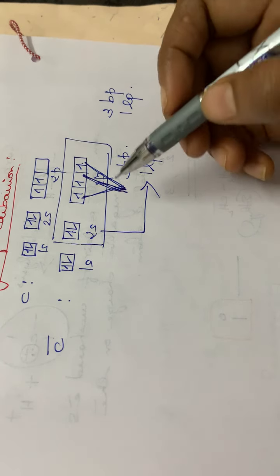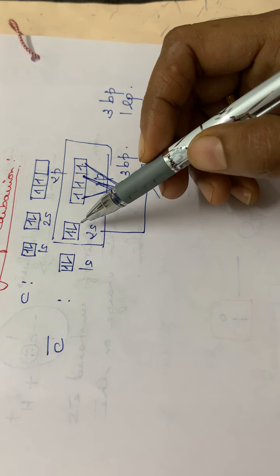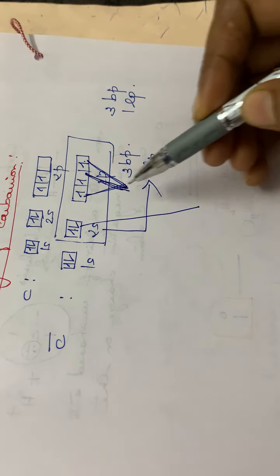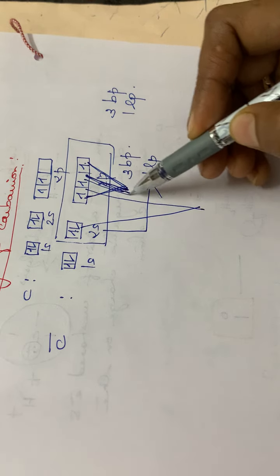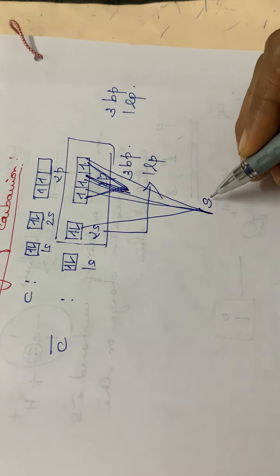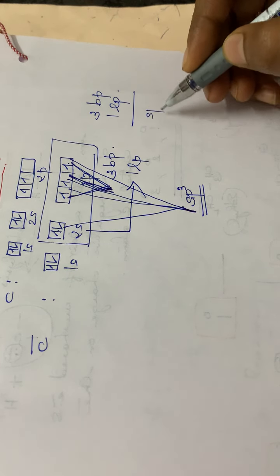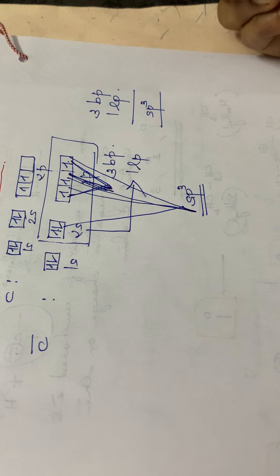And what about the hybridization? The orbitals involved in hybridization are 1s and 3p orbitals, isn't it? That means it will be sp3 hybridization. So sp3 hybridization means, what about the geometry?